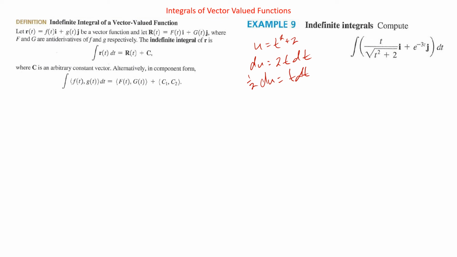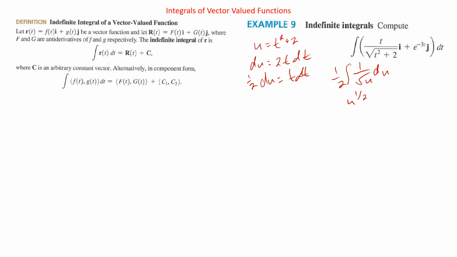And so that turns this into the antiderivative of 1 over the square root of u, 1/2 du, which is u to the negative 1/2, so we add 1, we're going to get u to the positive 1/2, divide by our new exponent.